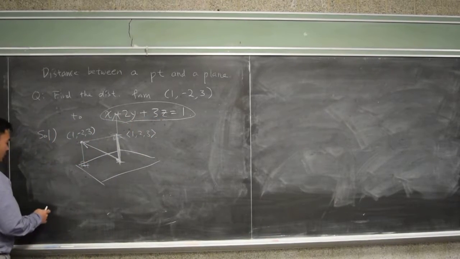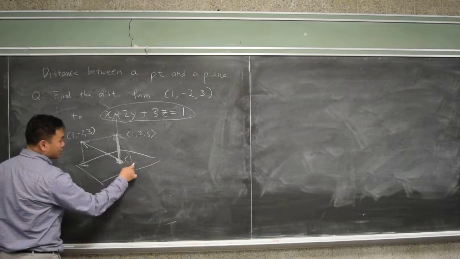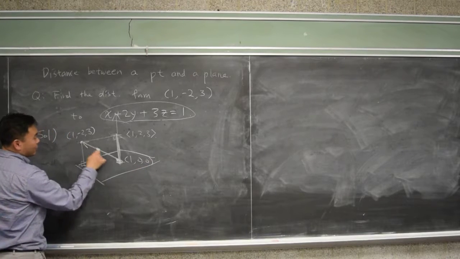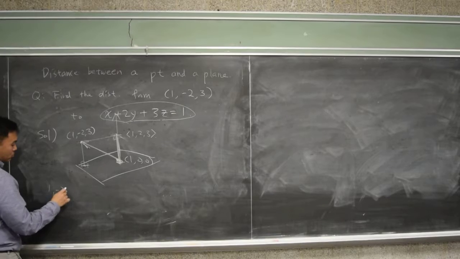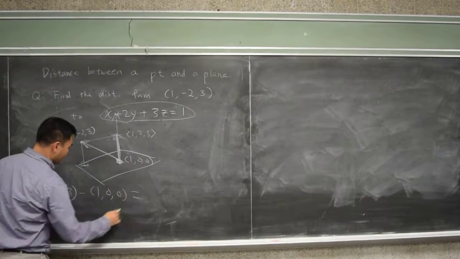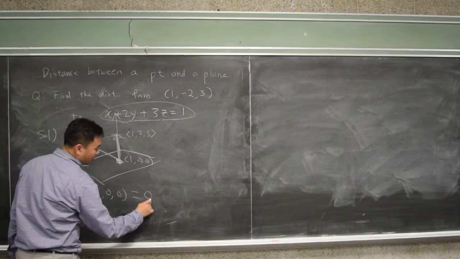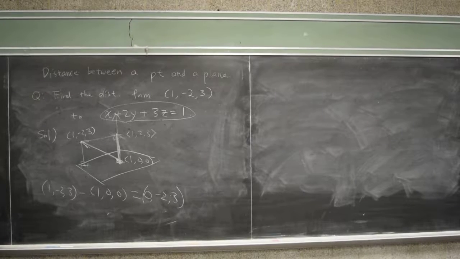So here's the picture. We have (1, 0, 0), and I want this vector. Okay, so let's do that. So (1, -2, 3) minus (1, 0, 0), which is (0, -2, 3). Right?